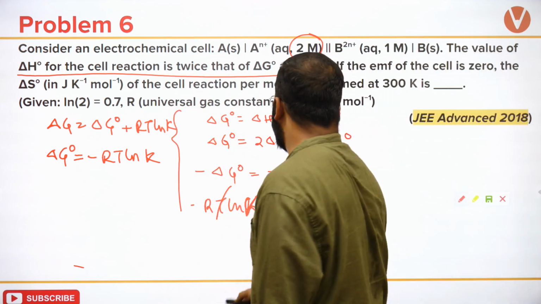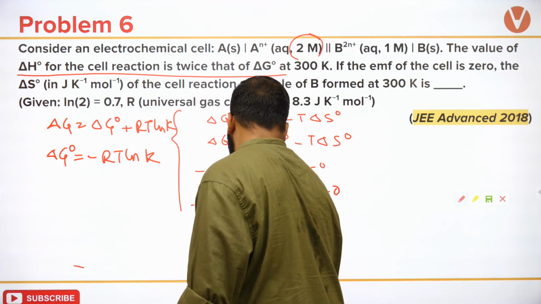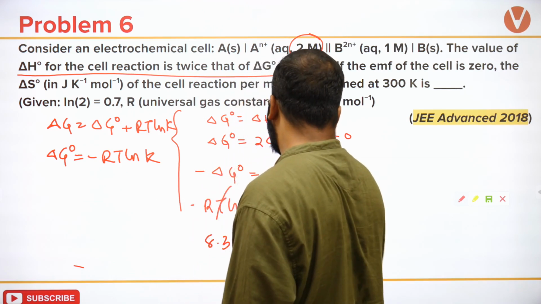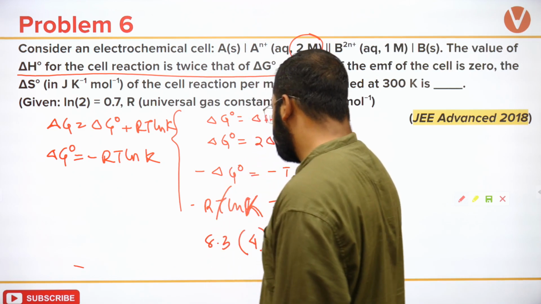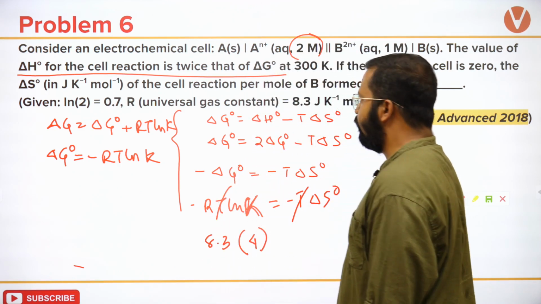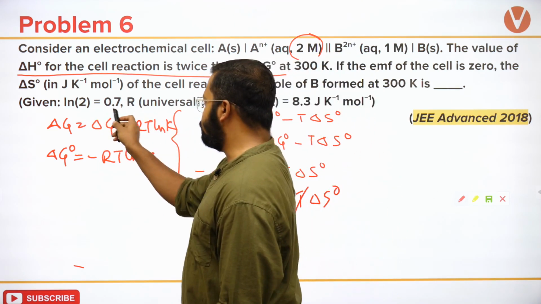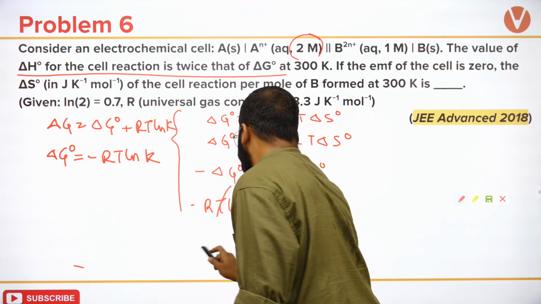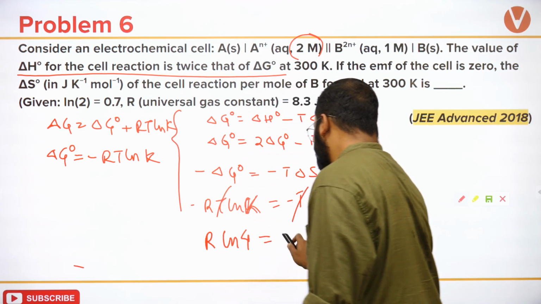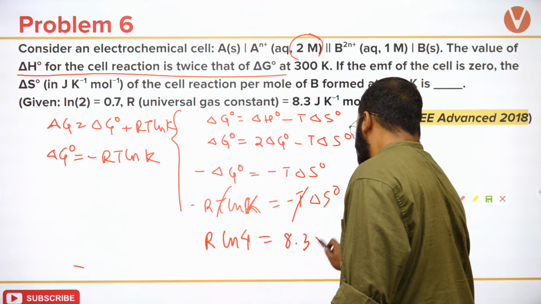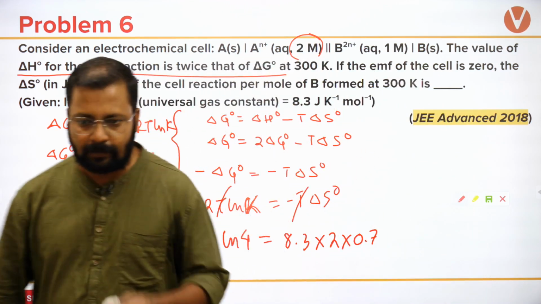R value is 8.3, and the K value you have already calculated is 4, and ln K, so ln 2 is 0.7, so ln 4 will be equal to 8.3 times 2 times 0.7.